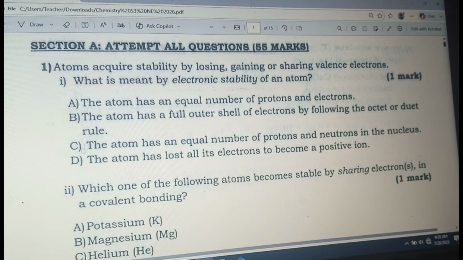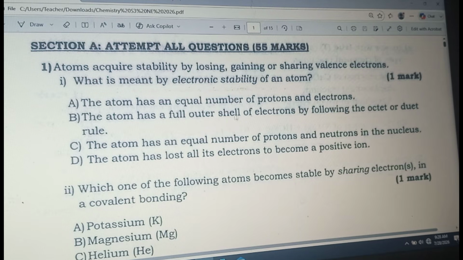B. The atom has a full outer shell of electrons by following the octet or duet rule. This statement is correct. This is the best option because it explains electronic stability.